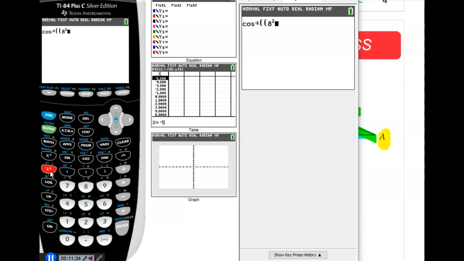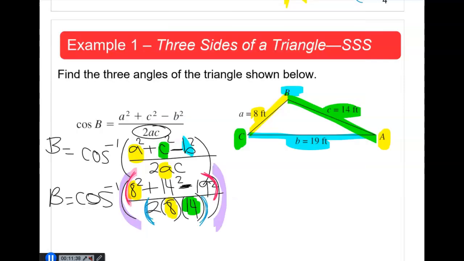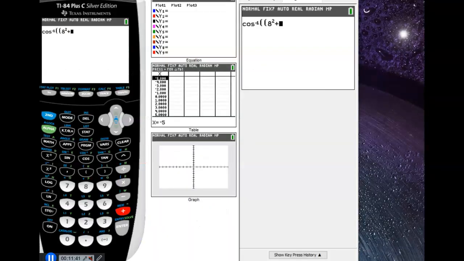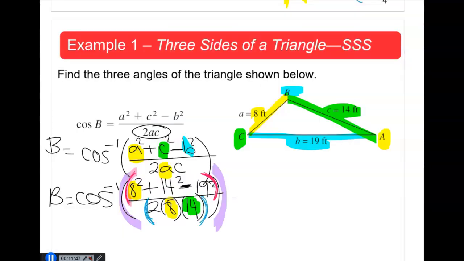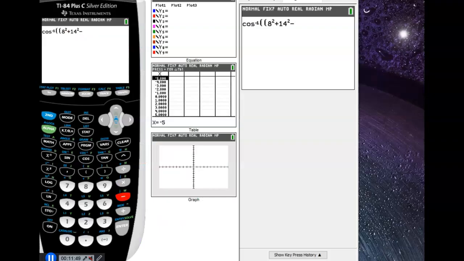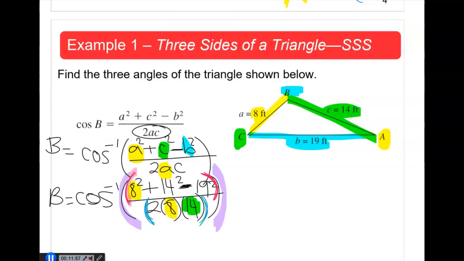It's right there. Then we're going to add side C, which is 14 squared, and then minus B squared, which is 19 squared. And we close the parentheses. That one is closing the one in pink that we have here, so that we have our numerator together.